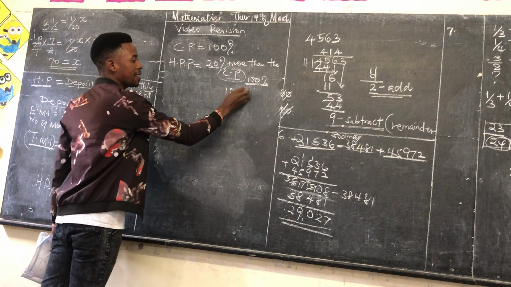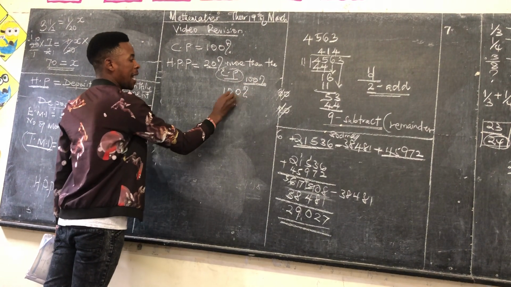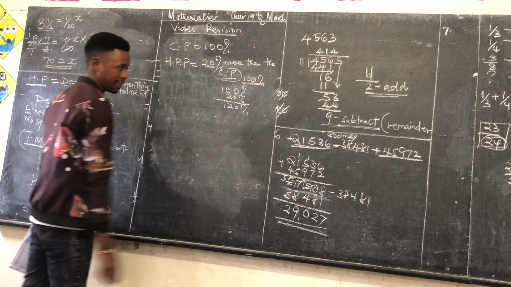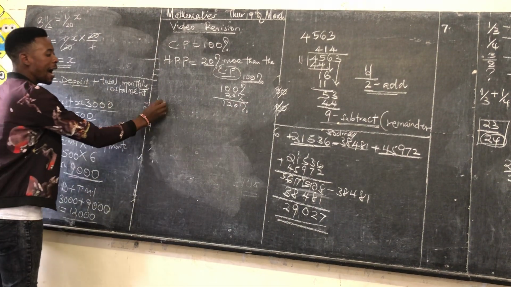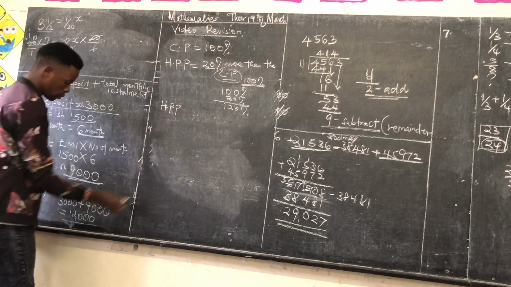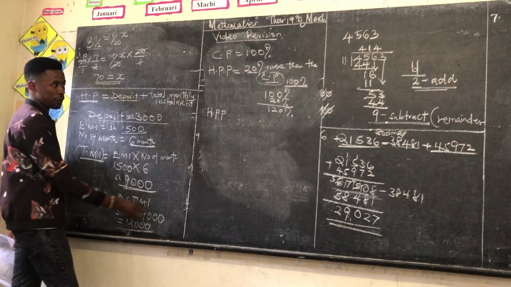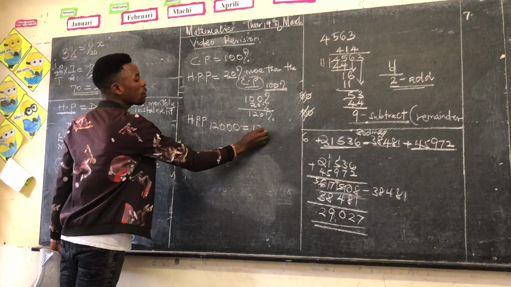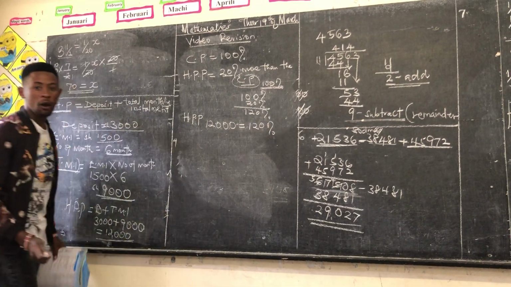So that is 100% plus 20%, which is 120%. So the hire purchase price, which we found as 12,000, means it is 120%. Why?